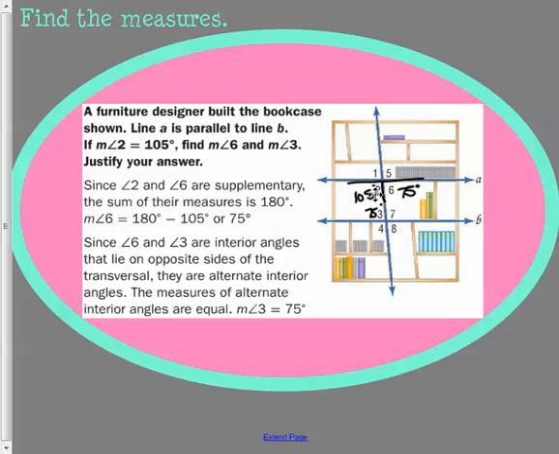Okay, so if we look at these, anything that's a vertical angle I like to use. So this would be 105 because of vertical angles. Angle 6 and 1 would be vertical angles of each other, or 75 degrees. You could also use supplementary as long as they lie on the same line.